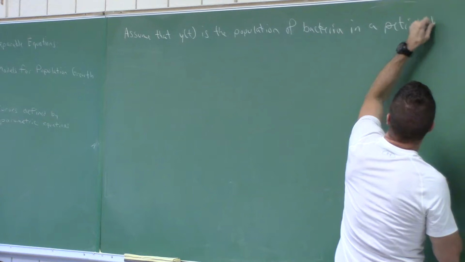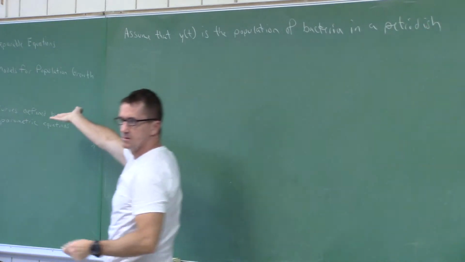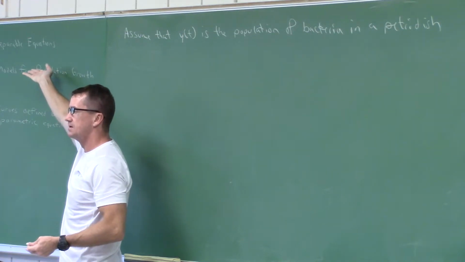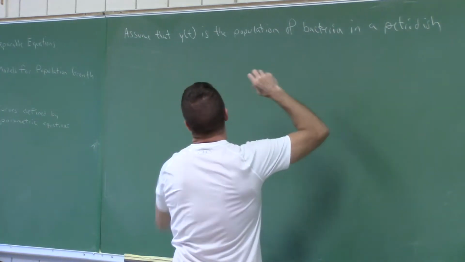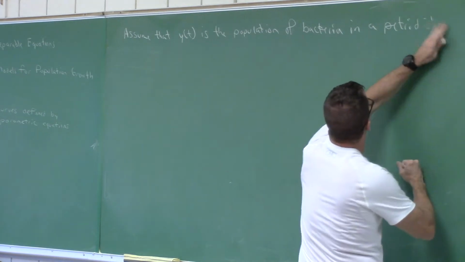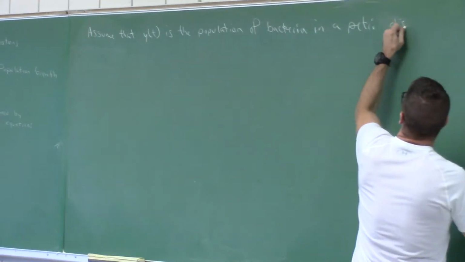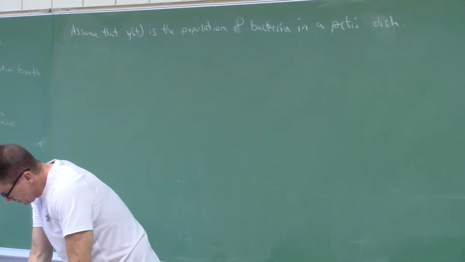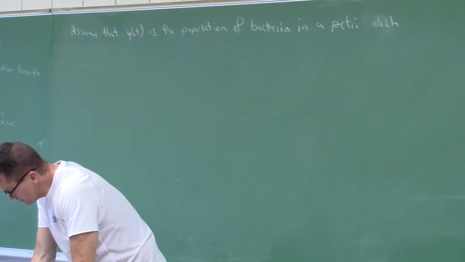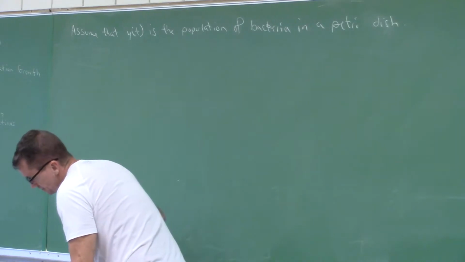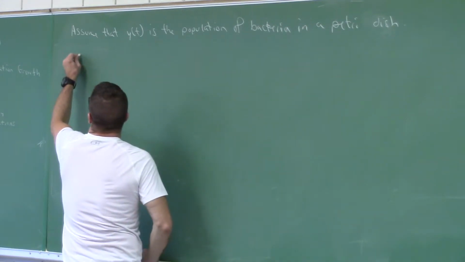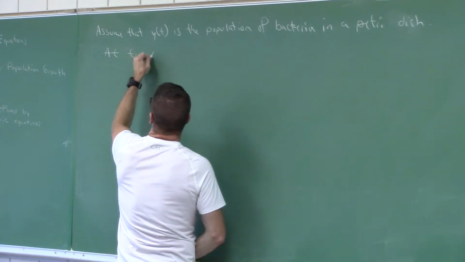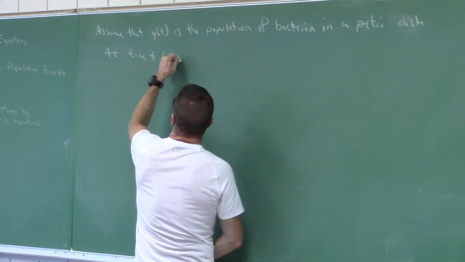I do want to point out we've just entered section 9.4, but it's going to seem like you're still doing something from 9.3. All right, but assume that y of t is the population of bacteria in a petri dish. Time t is in hours.